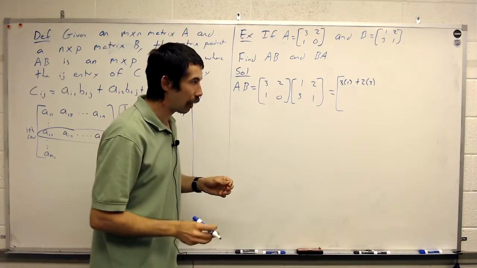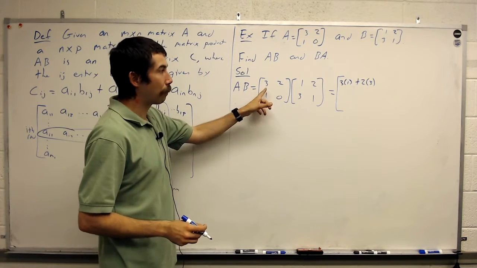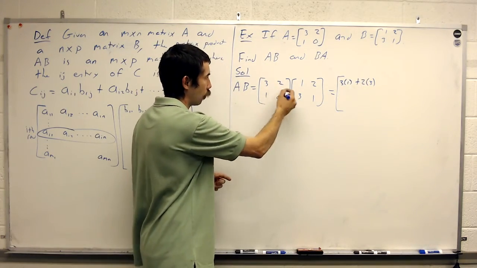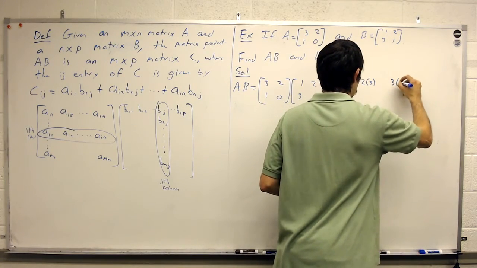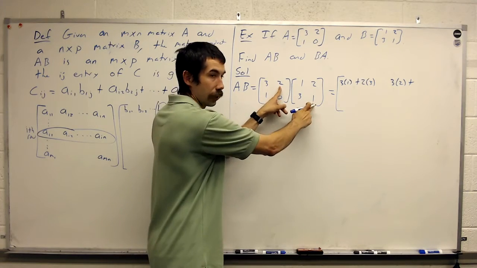That is the top left entry of this new matrix. The top right entry, so the 1, 2 entry, first row, second column: 3 times 2 plus 2 times 1.